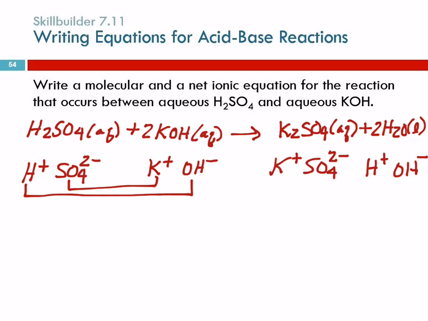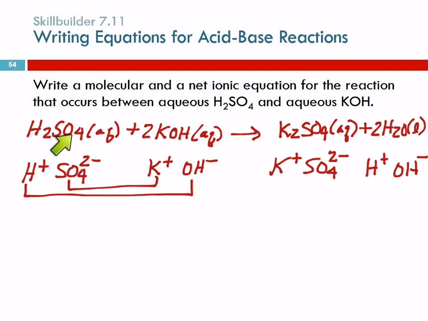So to make a net ionic equation, we have to at least do some scribbling of a complete ionic equation to see what's going on. And our little notes that we made for ourselves here are going to help us in that. We want to separate anything that has aq as its subscript into individual ions.